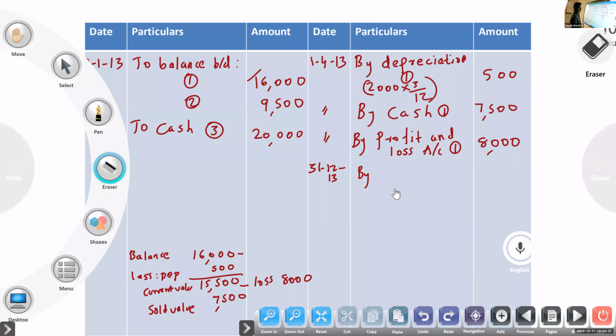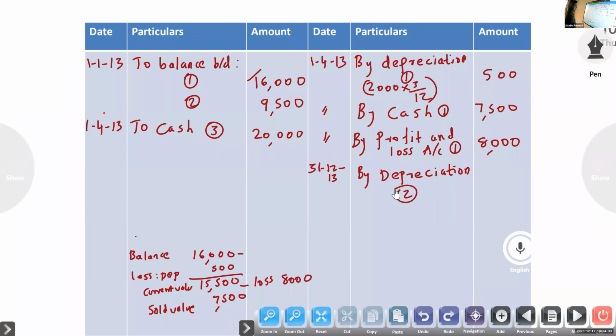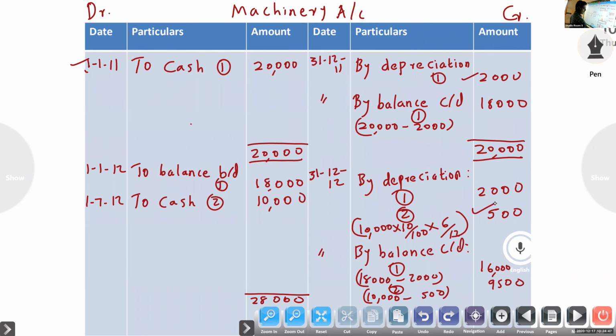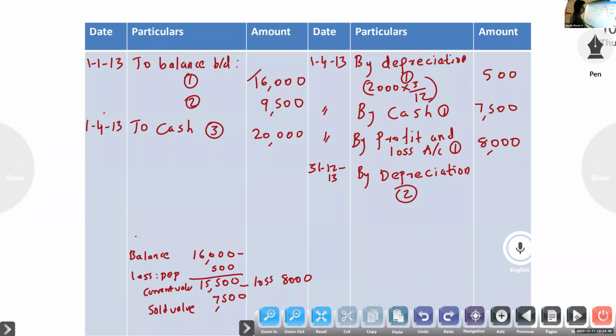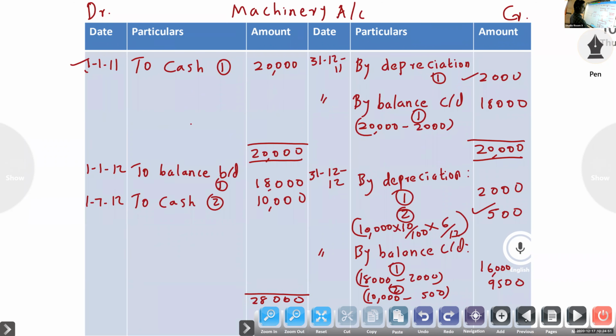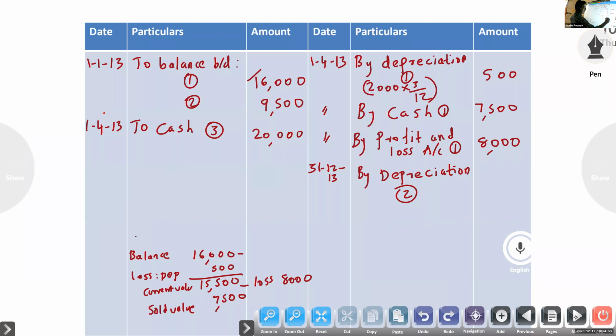Second one, you look, last year we wrote only 500. Why? Because we used it only 6 months last year. But this year we have to write the full 10% of 10,000, 1,000. Then the third one, purchased only this year.